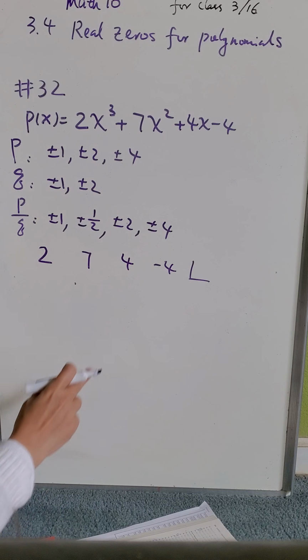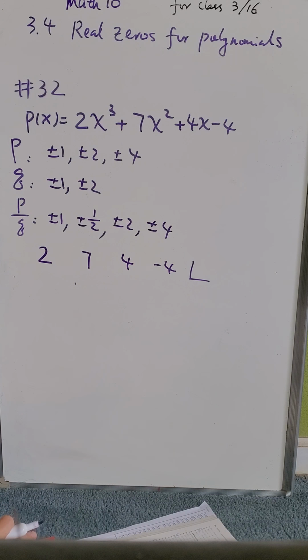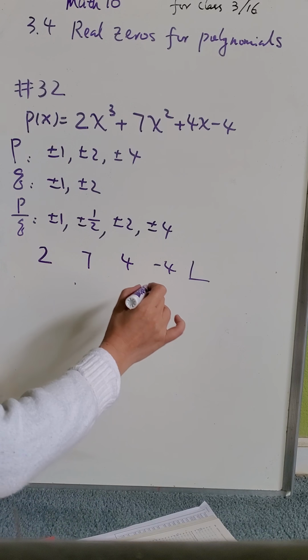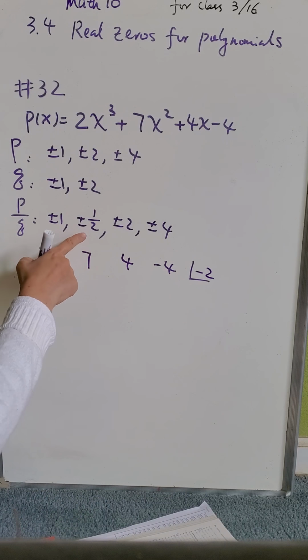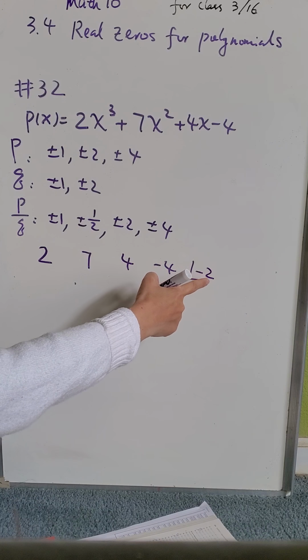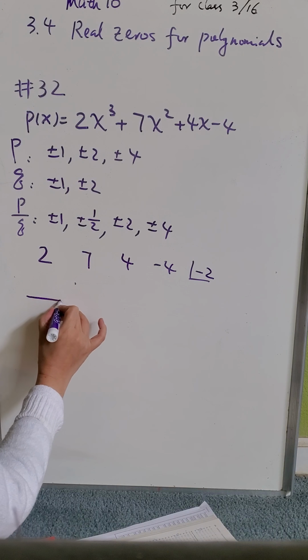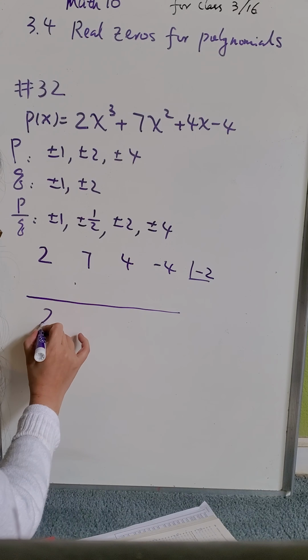Negative 1 doesn't work either. Positive 2 doesn't work either, so the answer is negative 2. I didn't try the fraction yet. I usually try the fractions last; I try the whole numbers first. So I put negative 2 here.